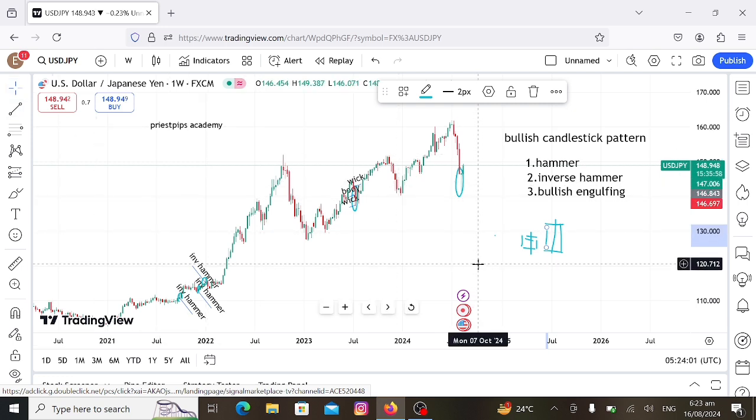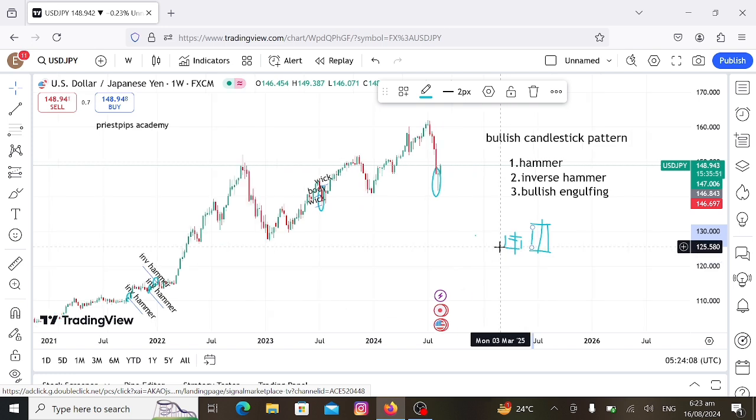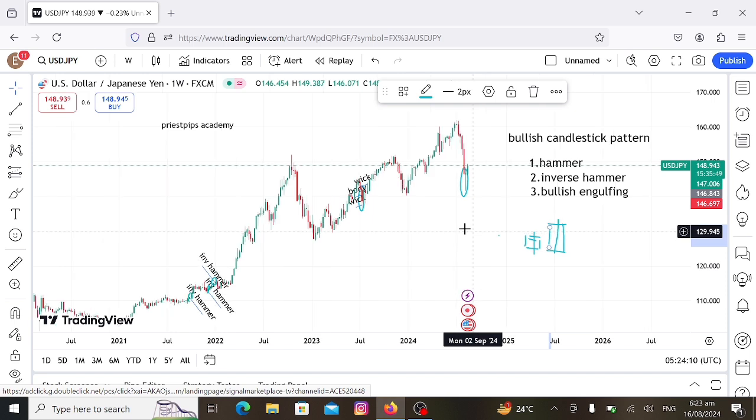Basically, if you're in the group, I've already posted a screenshot of this on the group, so you get a perfect example there. But for this chart, let me try to spot a bullish engulfing and how it looks like.